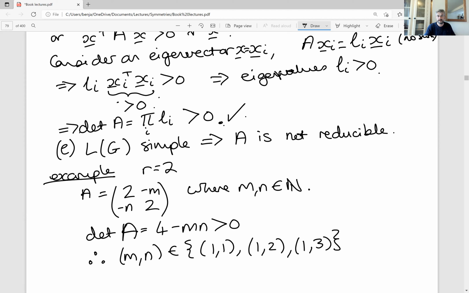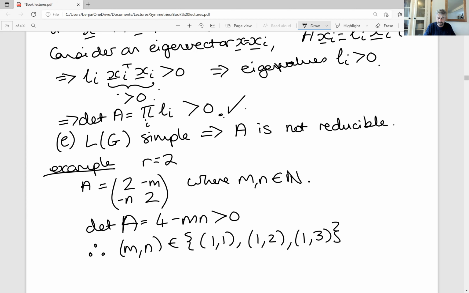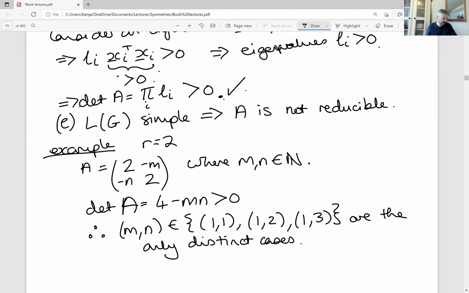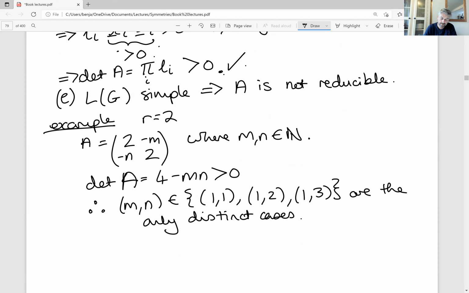So we're not interested in cases where we just switch the labeling of these vectors. They're not distinct cases, because that's just permuting the simple roots, which is just a relabeling. Okay. So that's it. Already this shows you that you can only have 3 Lie algebras of rank 2, and we're going to see that come out in a second.